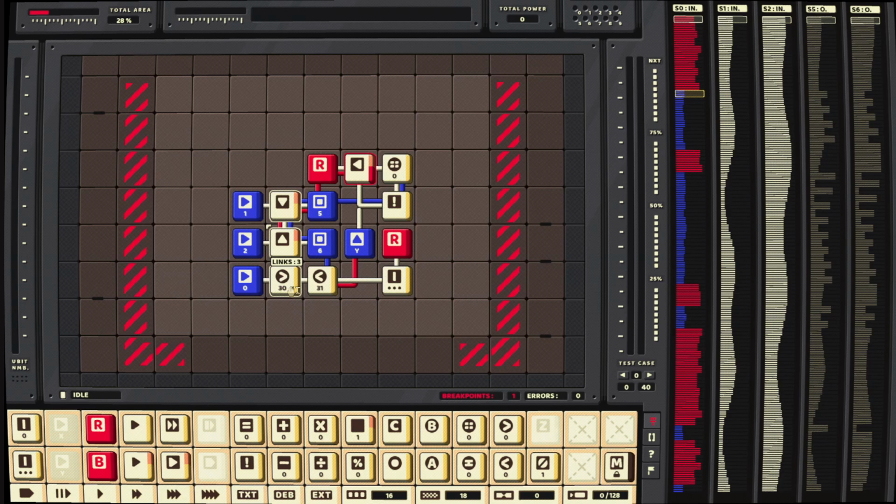I need this to be instant for the first tick. But if there's something up here, I don't want this to be able to override this all the time.